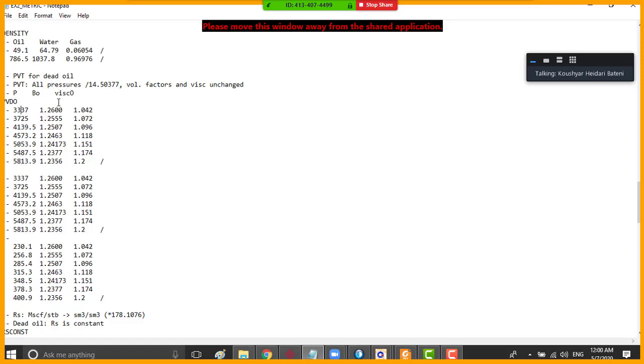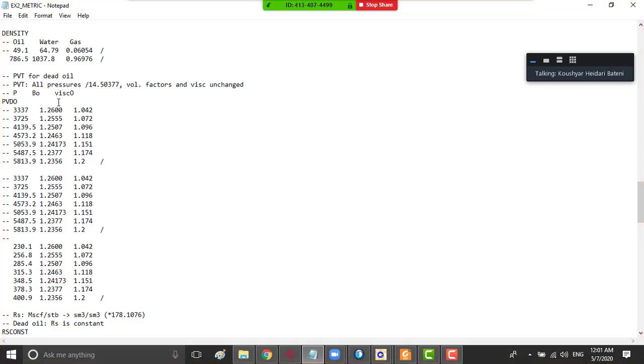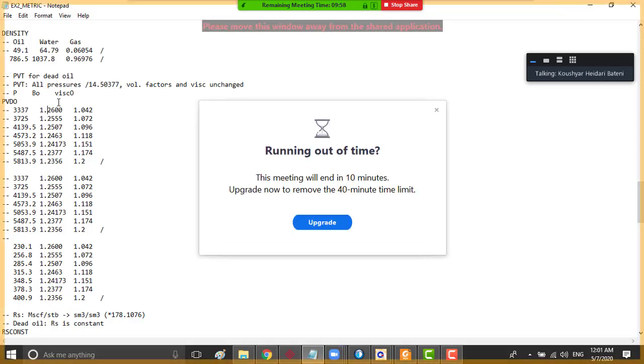The first column has given you various pressures, and the second column, just like a table, is going to give you the various formation volume factors for oil at those pressures that you see in the first column, right?